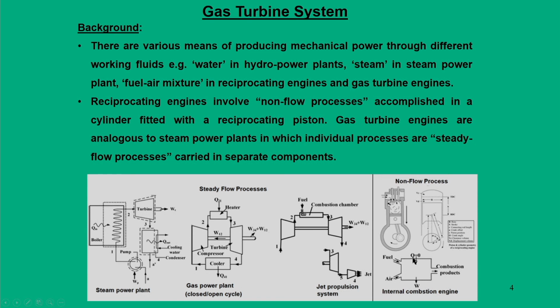In one particular cycle, the entire system can be viewed as a piston cylinder system. There is no flow as long as the gas is within the cylinder. So, the gas turbine or power generation systems are called steady flow processes, and these are non-flow processes.